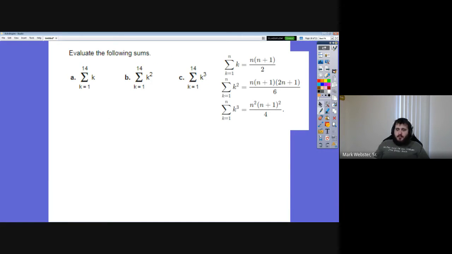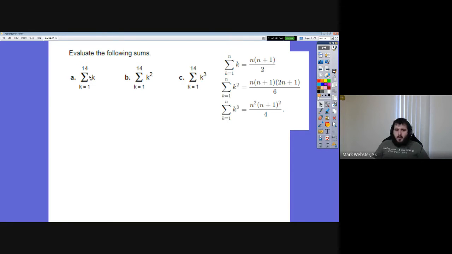So speaking of rules, just like what we were doing before, if the variable here matches this variable, then there are some special rules, because I don't want to have to do 1 plus 2 plus 3 plus 4 plus 5 plus 6 plus 7 plus 8 plus 9 plus 10 plus 11 plus 12 plus 13 plus, ain't nobody got time for that.